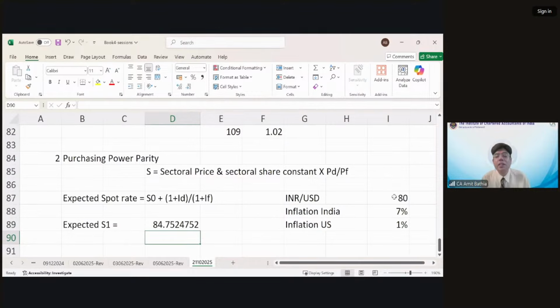And why am I getting this? Because while the current spot rate or equilibrium price is 80 rupees for USD, the Indian currency is going to depreciate by 6% more compared to the US. This is what the purchasing power parity principle tells us.